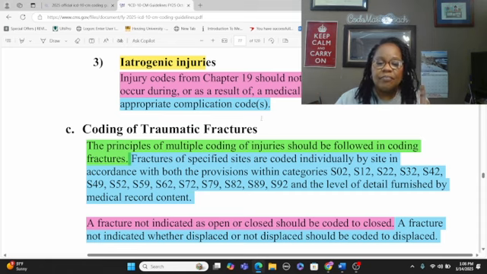So it says here, for coding of traumatic fractures, the principle of multiple coding of injuries should be followed in coding of fractures.